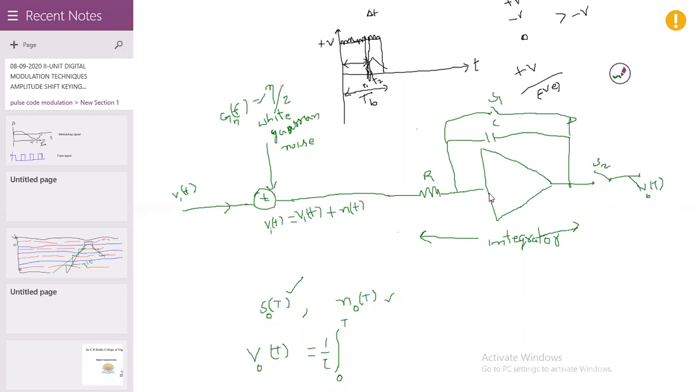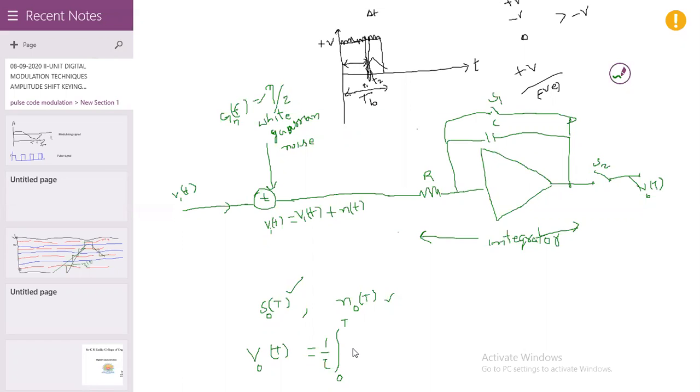Generally an integrator uses an RC combination. What is the definition of time constant? The capacitor takes time to charge and discharge, that is the time constant. Are you familiar with the definition of time constant? So that's why we indicate 1 by tau, integration from 0 to T.